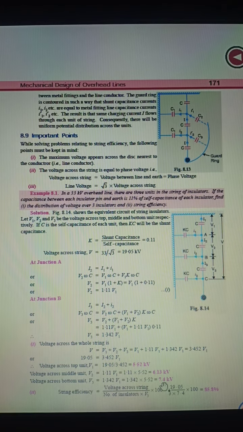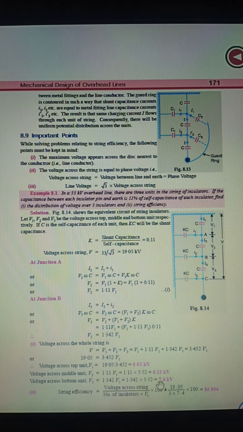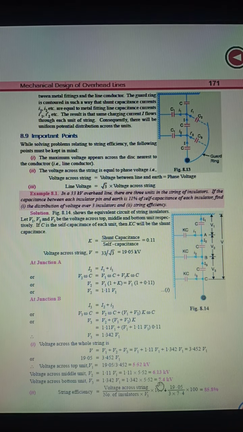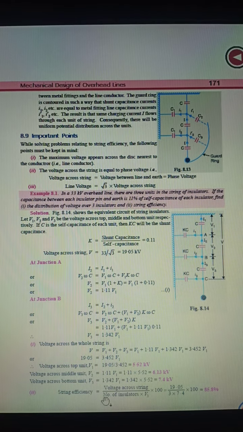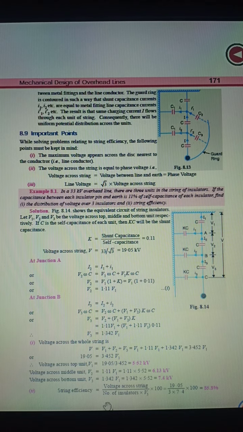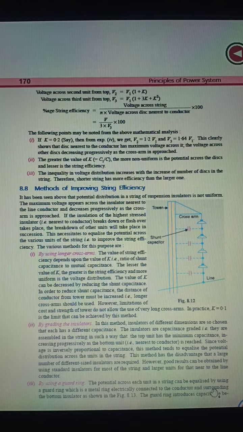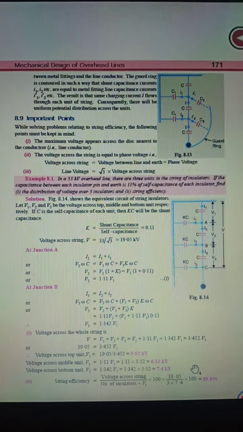So we see that the third unit, near the conductor, has voltage V3 equal to 7.4, which is more than V2 and V1. And the string efficiency is the voltage across the string divided by the number of insulators into V3, and finally the value of string efficiency is 85.8%.